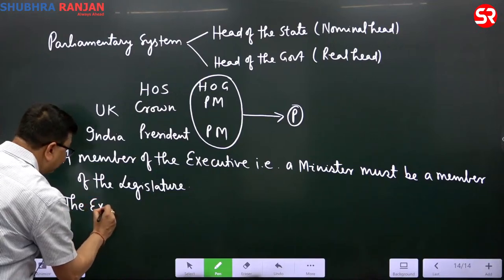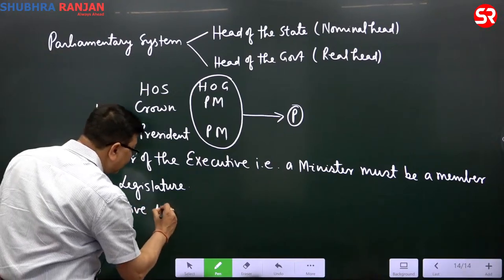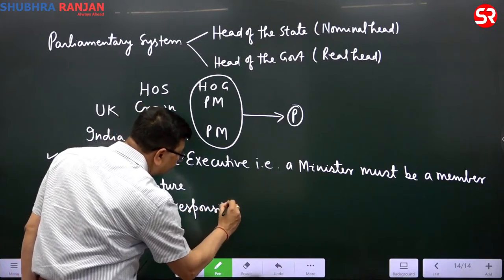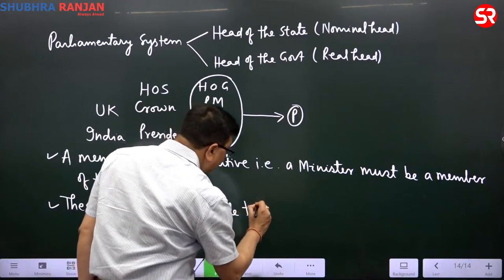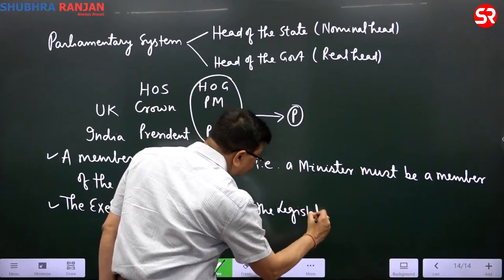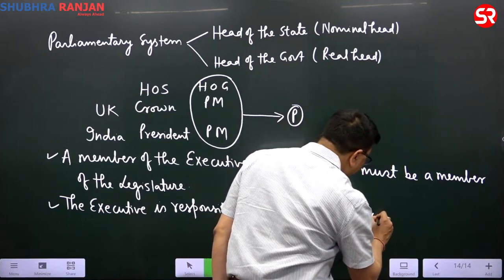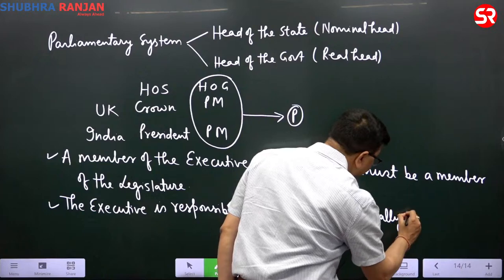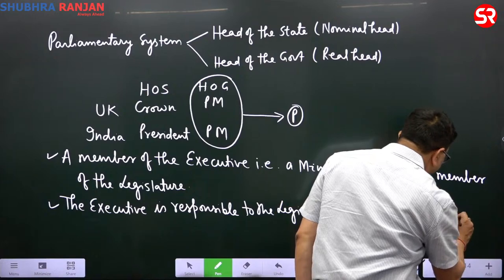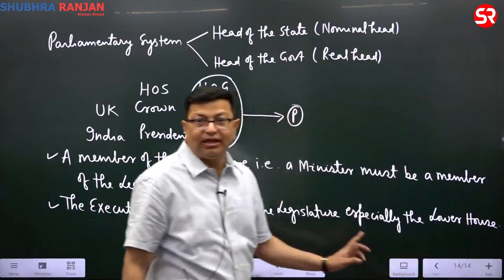Then thirdly, the executive is responsible to the legislature, especially the lower house, which is the popular house.